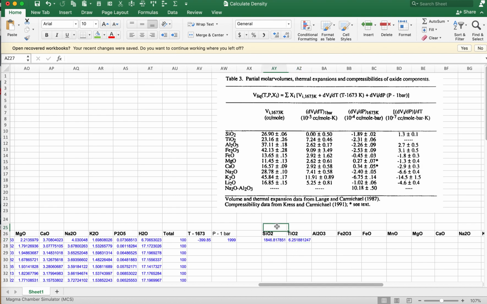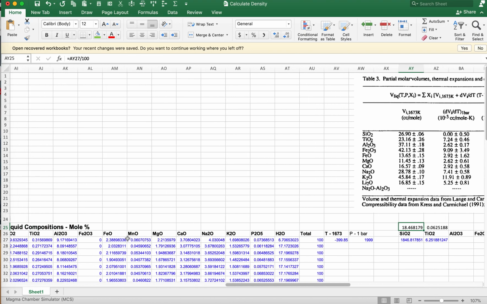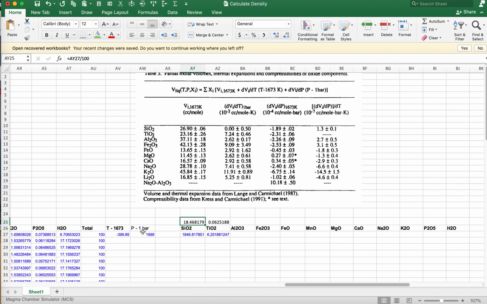So what we have, we could divide these things out by 100 to make a little more sense of them. We'll do this at the end also. So if we have 1 mole of a mixture, a liquid that is not pure silica, but a mixture of silica plus titanium plus these other oxides, then its volume is going to be the sum of all these partial molar volumes here. So pure silica would take up 26.9 cubic centimeters, but in our system here, it just takes up 18.46 cubic centimeters, multiplied by 100 because we have these mole percents rather than mole fractions.